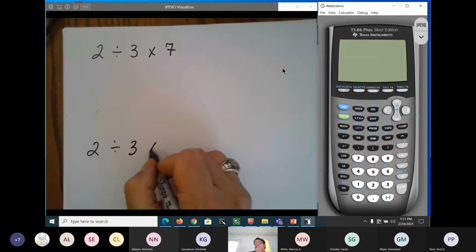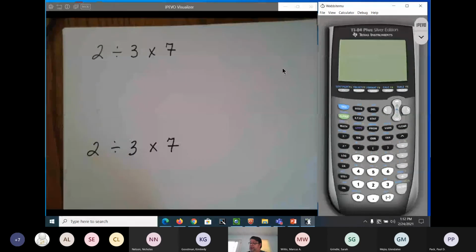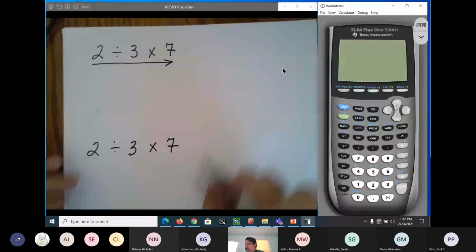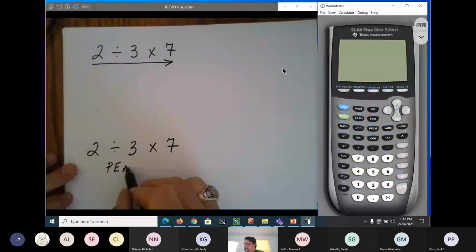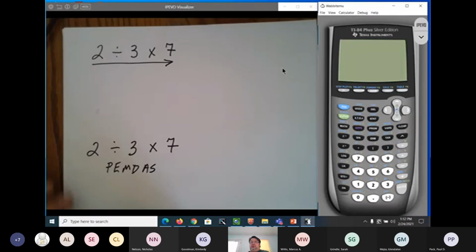Now, the first way I'm going to do it is brother and sister. The second way I'm going to do it is please excuse my dear Aunt Sally. And we'll see which one is correct.